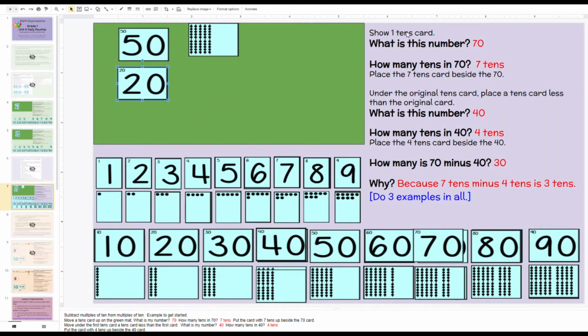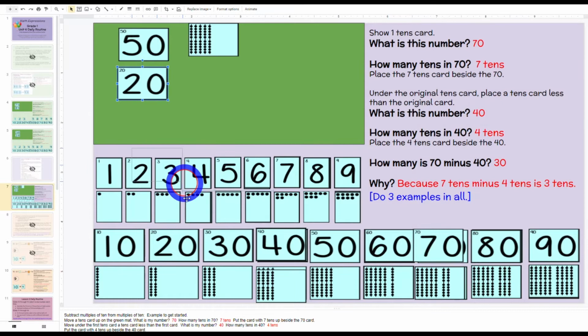Boys and girls, if we did 50 minus 20, what would be our answer? Think about it. Class, 30. Let's say it together. 5 tens minus 2 tens equals 3 tens. 10, 20, 30. 50 minus 20 equals 30.